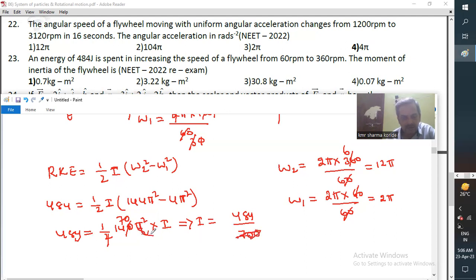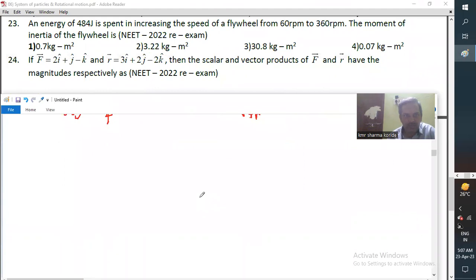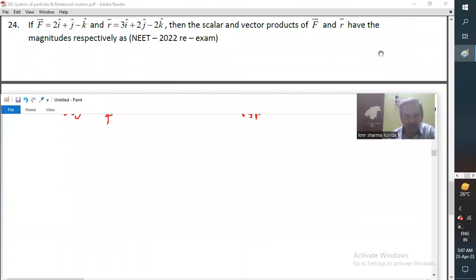The 70 into pi square is 700. Point 7 by 4.8, roughly 0.7, 0.6 you will get. So the first option is correct. Moving to the next question, that is 24. I think this is the last question.